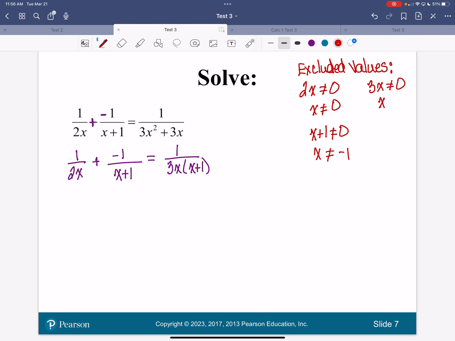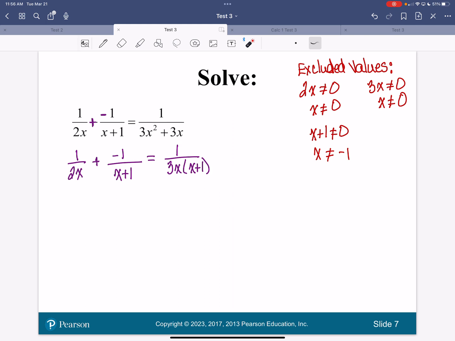If 3x cannot equal 0, what can x not be? 0. So I've already accounted for that one. Then I've got x plus 1, and I've already done that one. So really I just have 2 excluded values, 0 and -1. That means if I get either one of those as an answer to this problem, I have to throw them out.